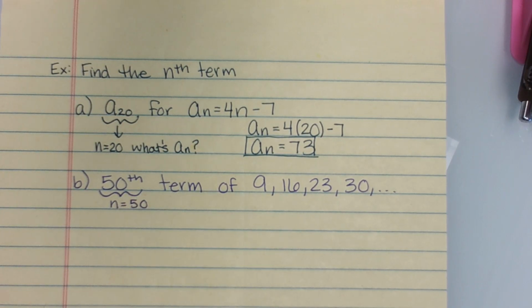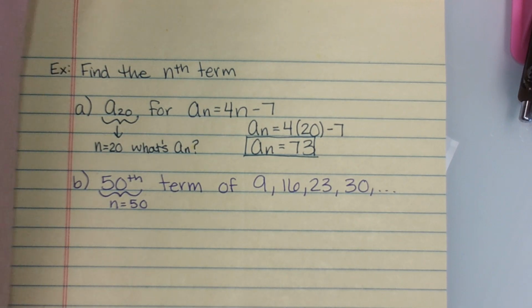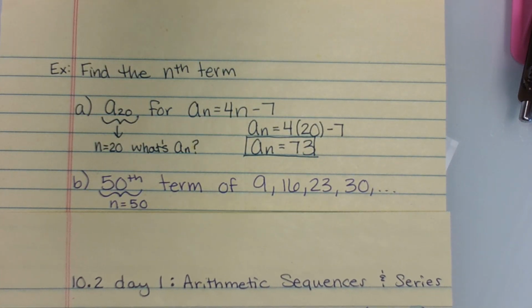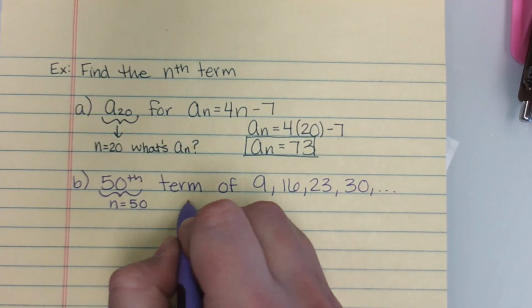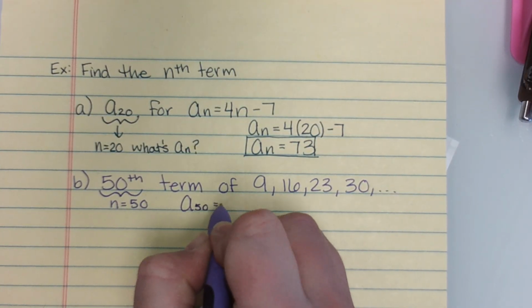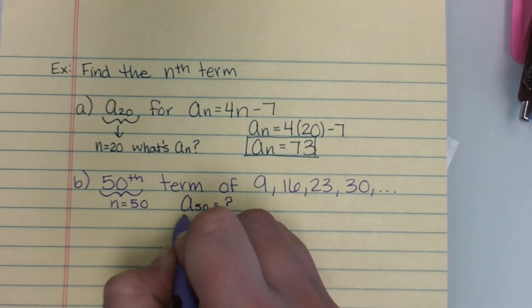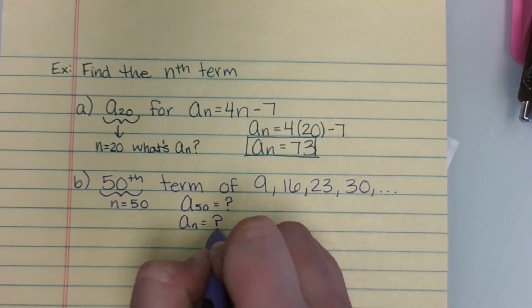If I'm looking for the 50th term, it's telling me what is actually the thing that I don't know. A sub 50. In other words, a sub n is my question mark.